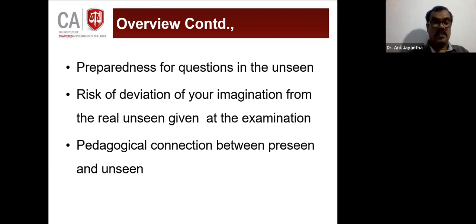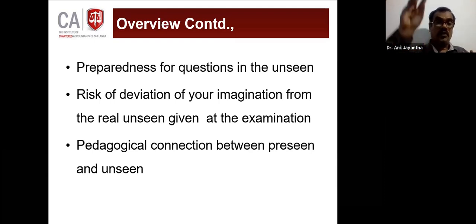The risk is deviation of your imagination from the real unseen given at the examination. Up to now, you live it, you forecast, you prepare for questions. Then how are you going to tackle the issue when you really see the unseen at the examination?